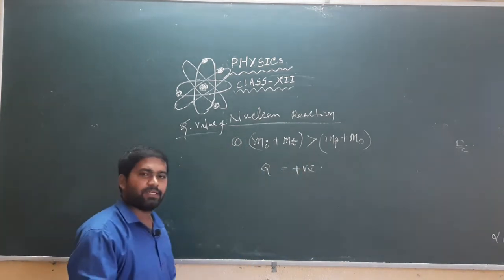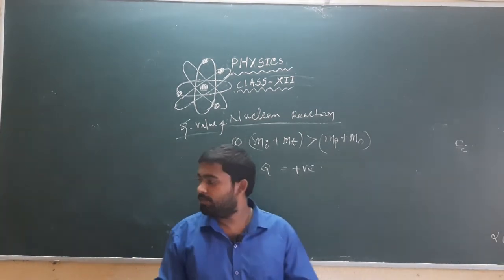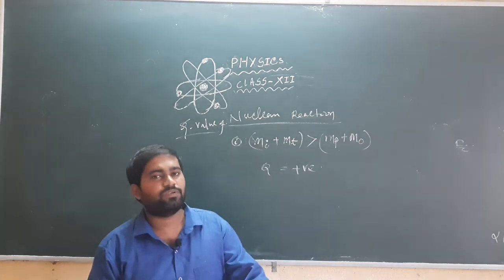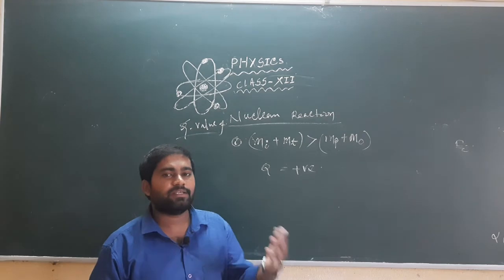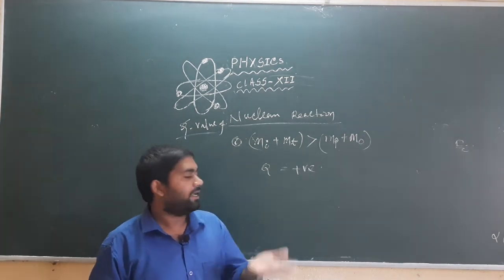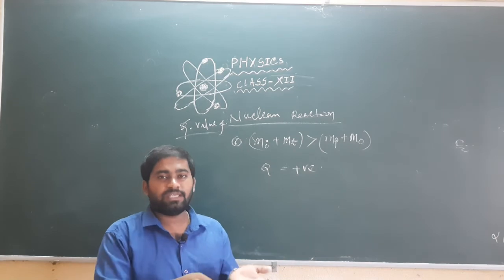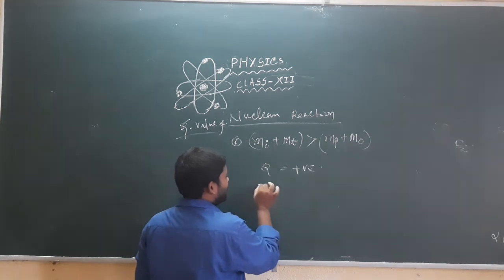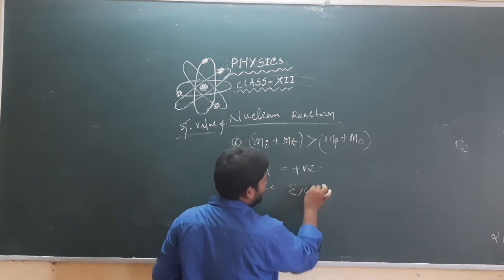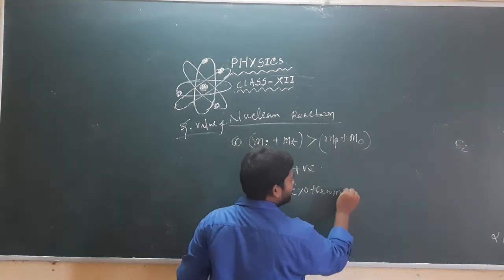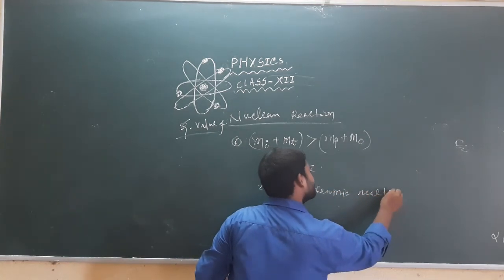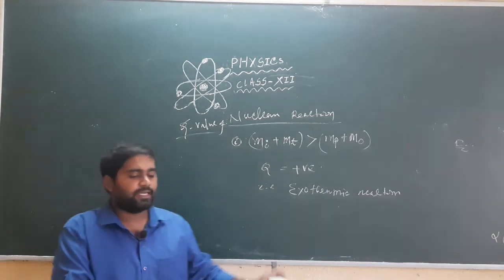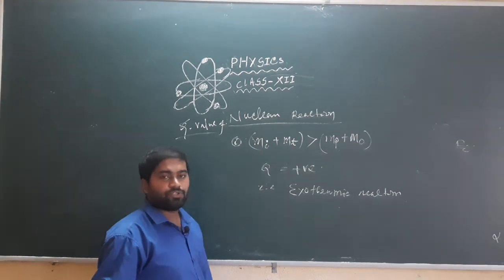When the mass of reactant is greater than the mass of product, the value of Q is positive. A positive value means that in such a reaction energy is evolved, or emitted, and because of this emission of energy, such a reaction is known as an exothermic or exergic reaction.